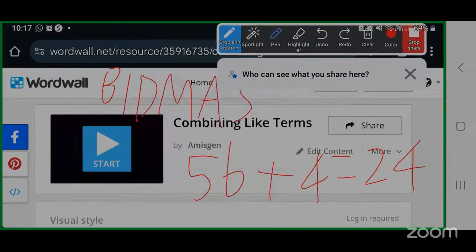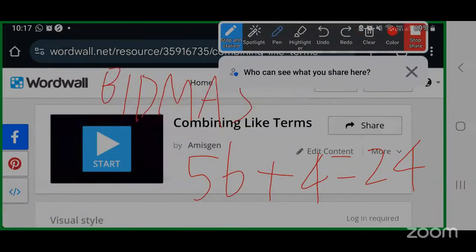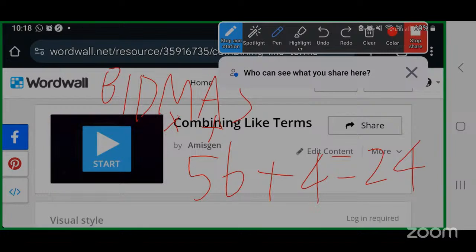And if we look at the order, we know now that 5b is 5 times b, so we've got a times in there. Plus, so we've got an add in there. 4 equals 24. But in order to get to solving, what is b worth as a number?